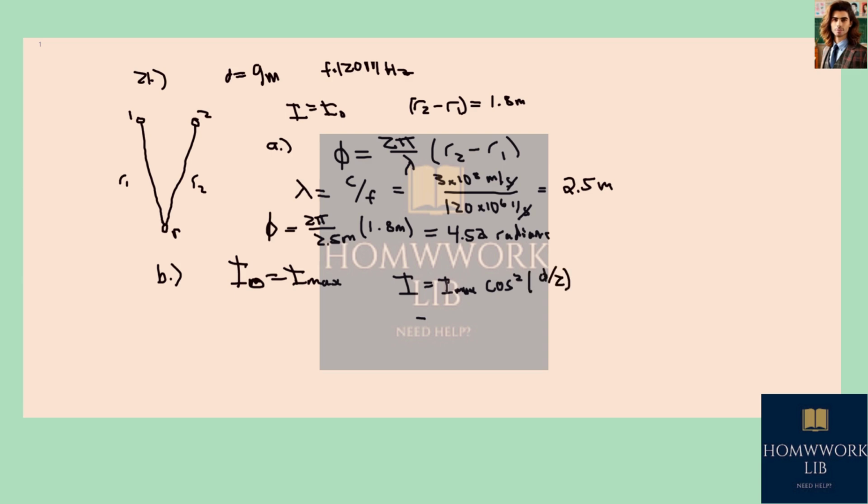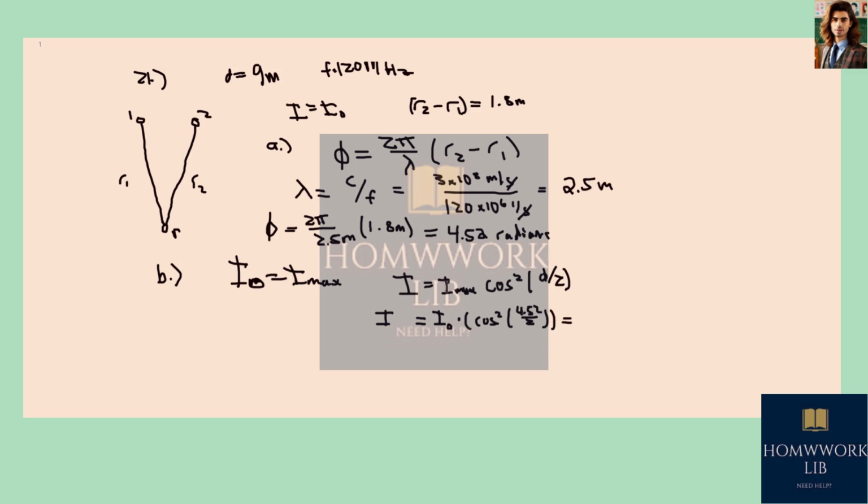But now our I max is our original intensity, I naught. And now we can plug in our phase difference from part A to figure this out. So our I, in terms of I naught, is going to be I naught times cosine squared of our phase difference, which was 4.52 radians, over 2.